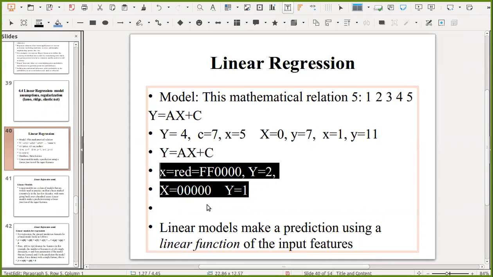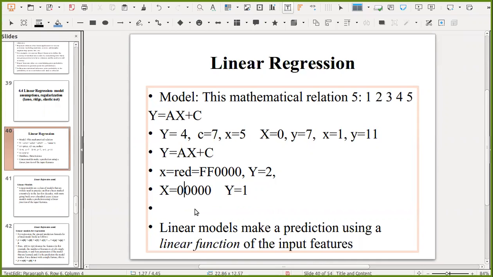Okay, so here I can find out by putting the value of x equal to 0. I wanted to say that y equal to 1 is there, so it means that x multiplied, that is 0 multiplied with a, I will get 0, and y equal to 1, it means that c is equal to 1.